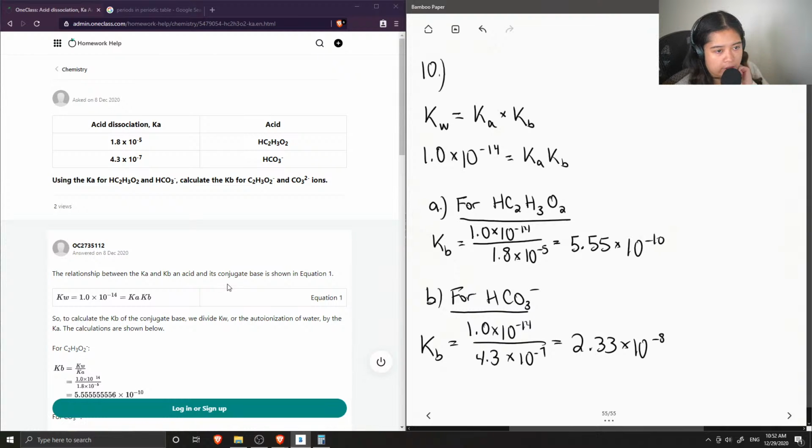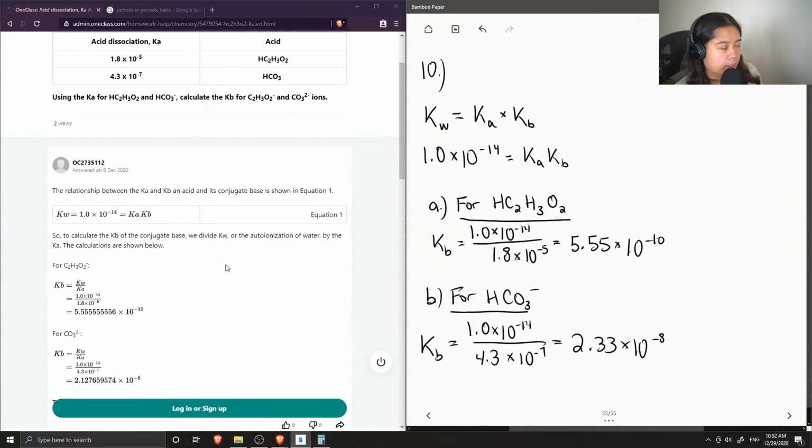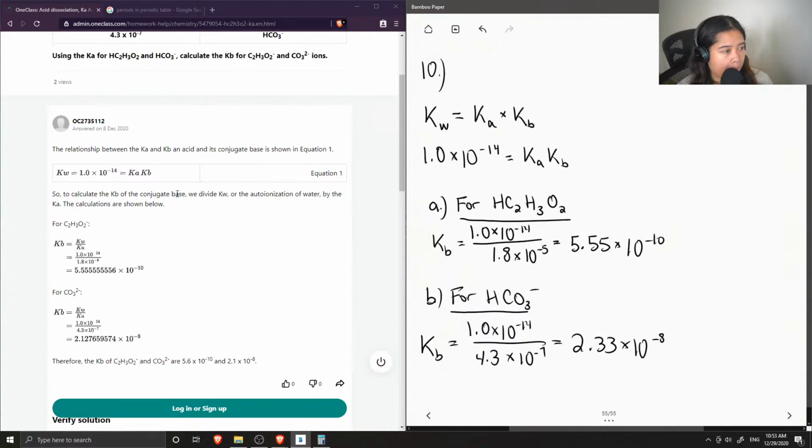Okay, so let's see what the junior tutor said. The relationship between Ka and Kb, an acid and its conjugate base, is shown in equation 1. Okay, so Kw is equal to 1 times 10 to the negative 14, Ka times Kb.